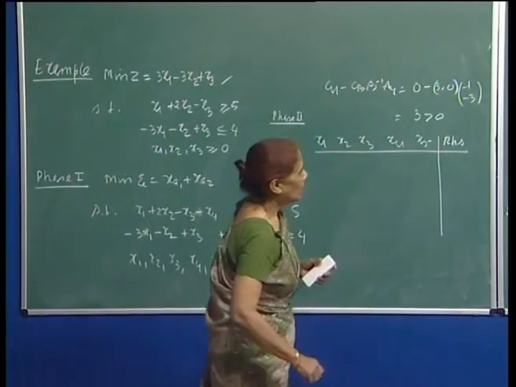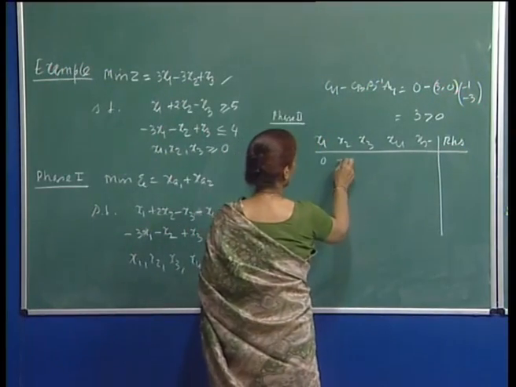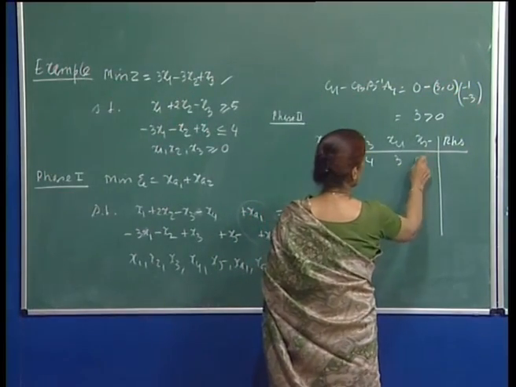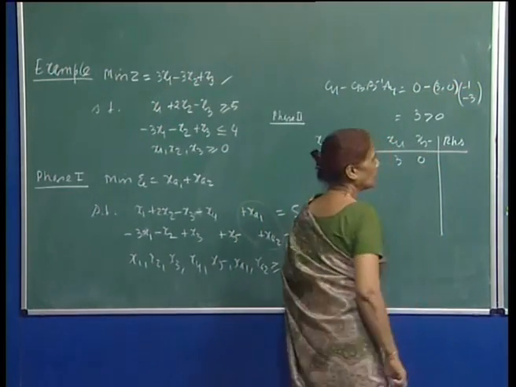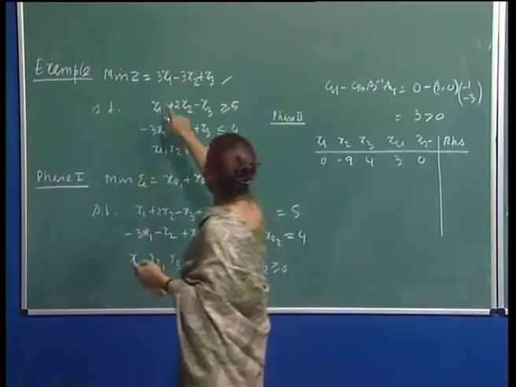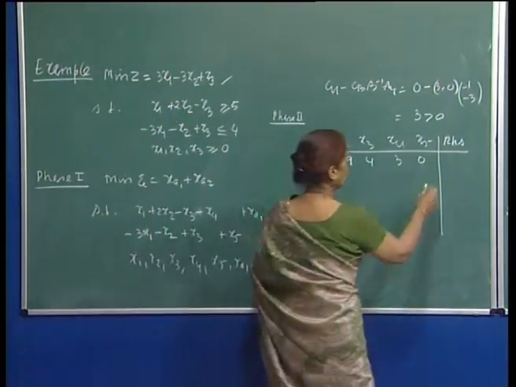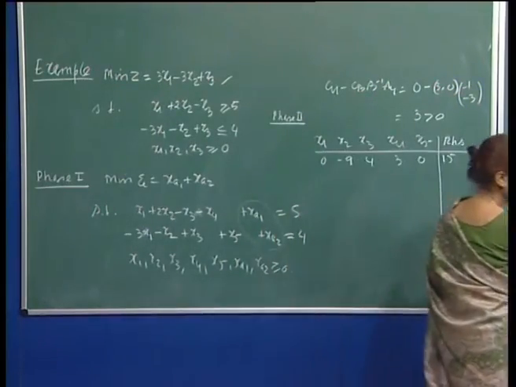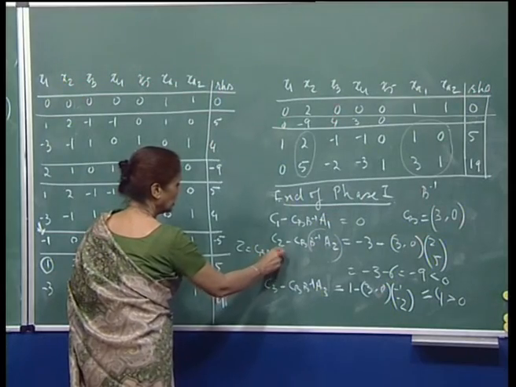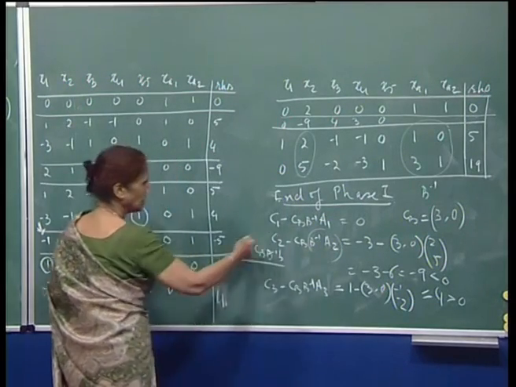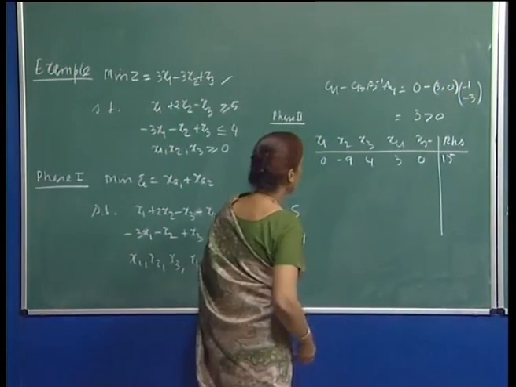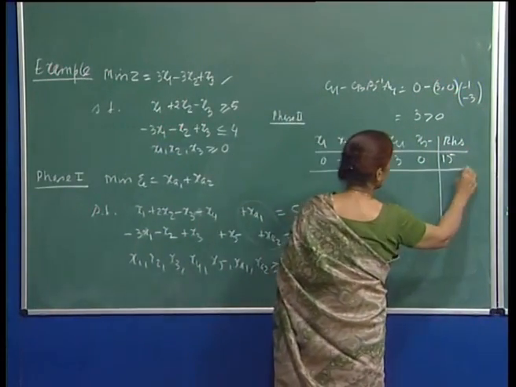The new cost row is 0, minus 9, 4, 3, 0, and this value, since X1 is 5, will be 15. You can verify that, because your Z is Cb B inverse b, so just make the computation and see that this is 15. But I'll show you in another way also. Fine. This is this, right?